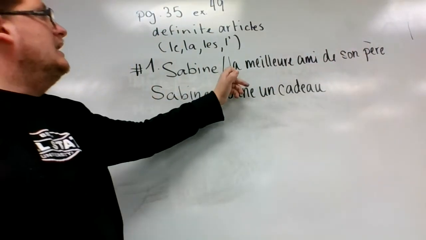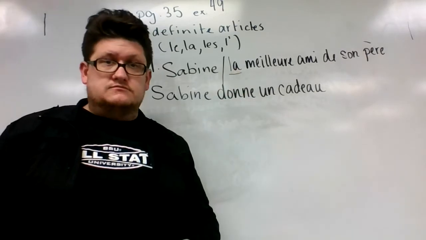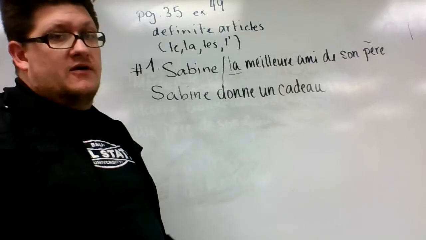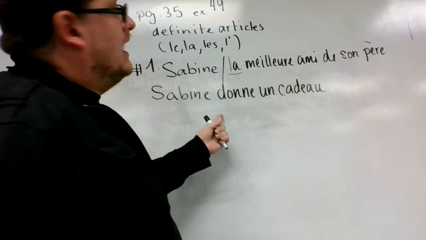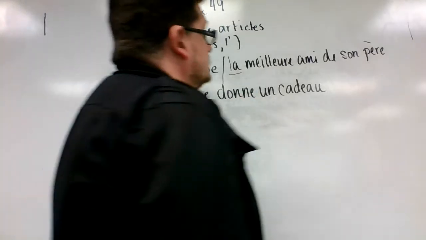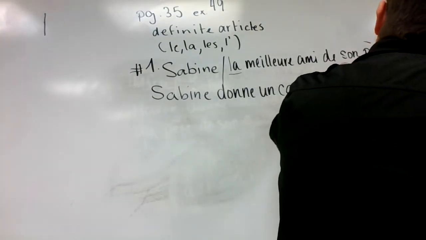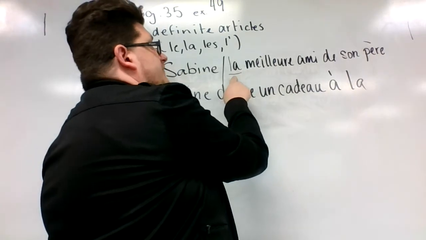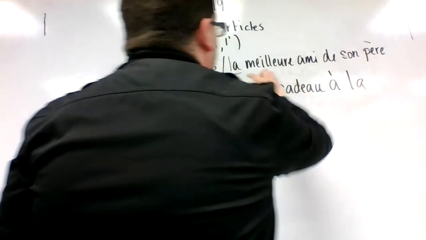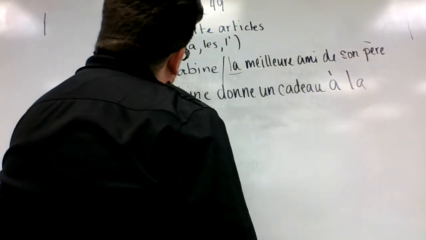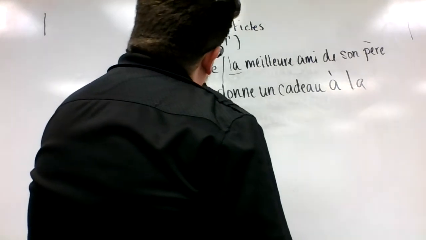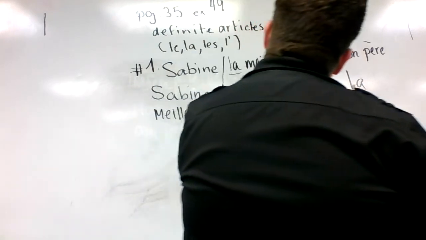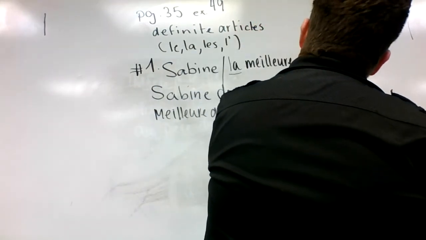Now, again, I'm looking here. I have la. So I want to say to the best friend of her father. If it's à plus la, it just remains à la. So I've inserted this preposition à, and I retain this definite article la. À la, and then I just write the rest: meilleure amie de son père.